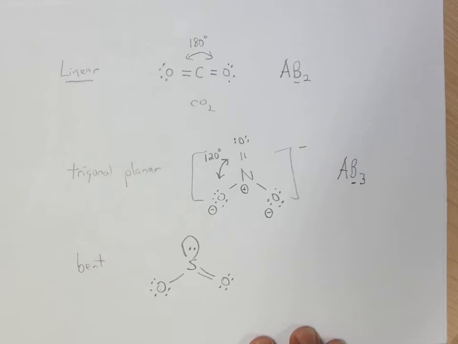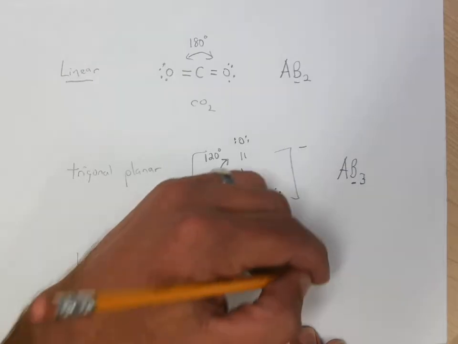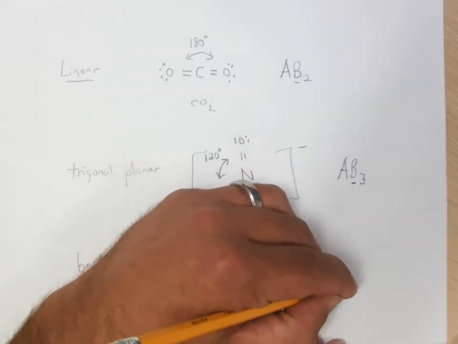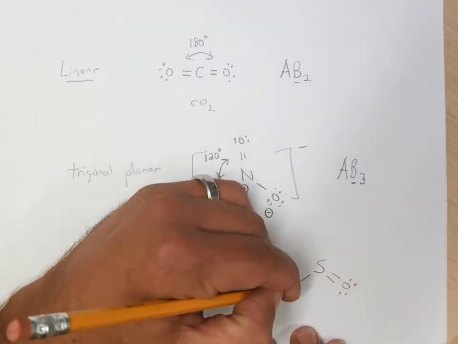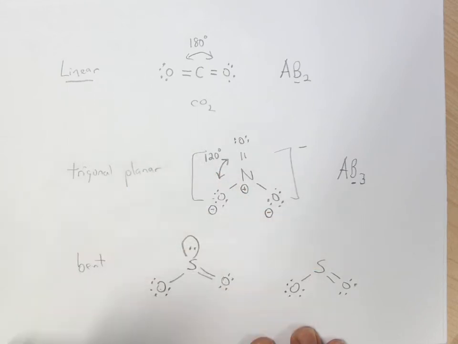So that's the electron domain geometry is trigonal planar. But the reason we call this a bent structure is because the lone pair is invisible. So although it pushes the oxygens closer together, it's invisible. So if you just look for the atoms, this is what you see.